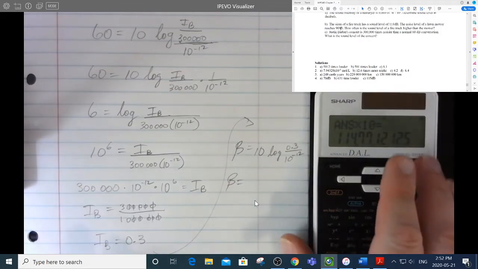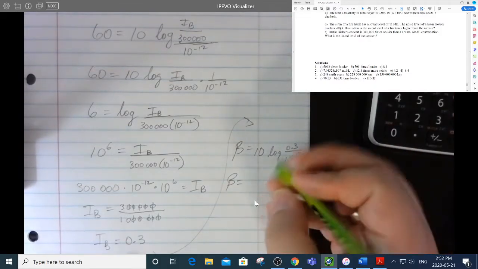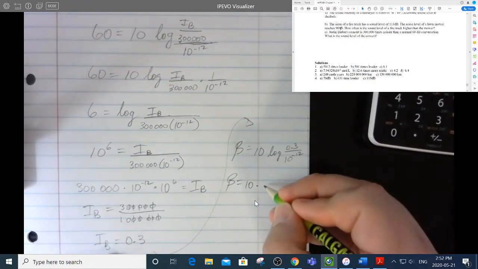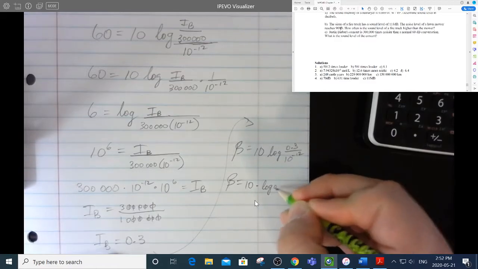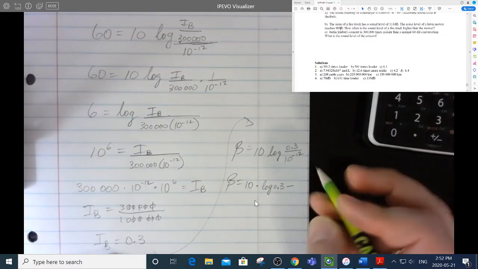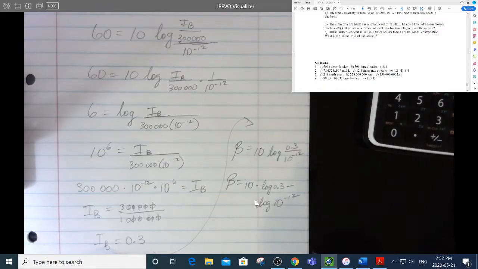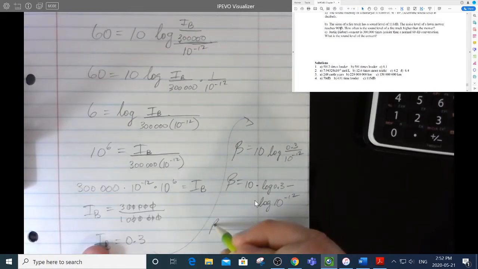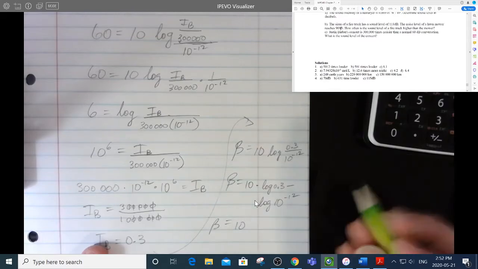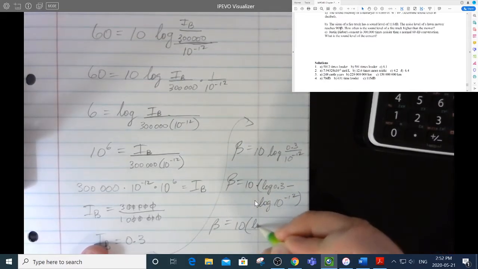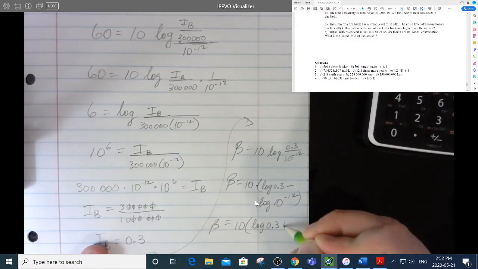If you'd like a more charming method, you could go 10 times, and remember that this would be the log of 0.3 minus the log of 10 to the negative 12. And remember, the log of 10 is 1. The exponent becomes the coefficient. So B is actually 10, I should put this in a bracket, times the log of 0.3 plus 12, right?